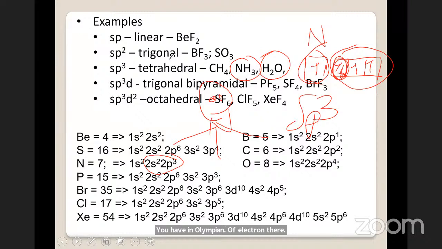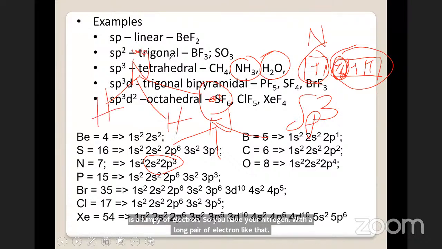When you are drawing ammonia, you draw it like that, but this is a lone pair of electrons. So you have your nitrogen with the lone pair like that, with your hydrogen here, here, and here. As a result, this is a distorted tetrahedron, but the correct name is trigonal pyramidal.